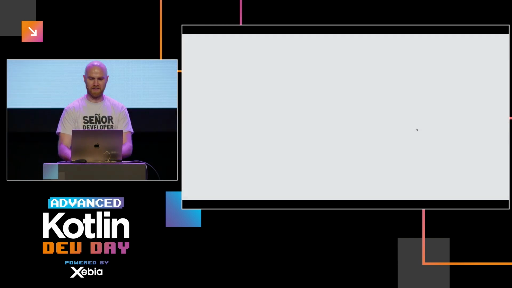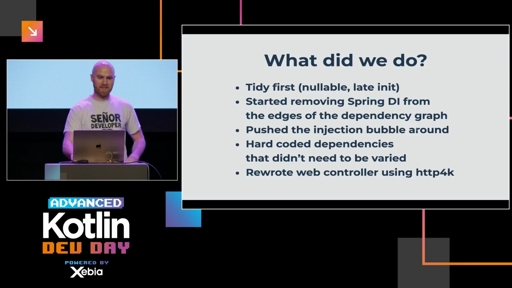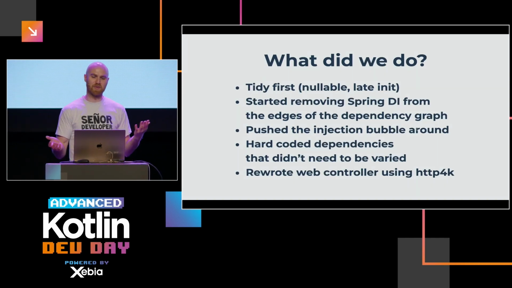And it would be nice to have a mini retro, and in the first place, just to think about what did we do. So in the first place, it's always a good starting point what I started doing, looking at nullables, why things are late in it. I tried removing Spring dependency injection from the edges of the graph.